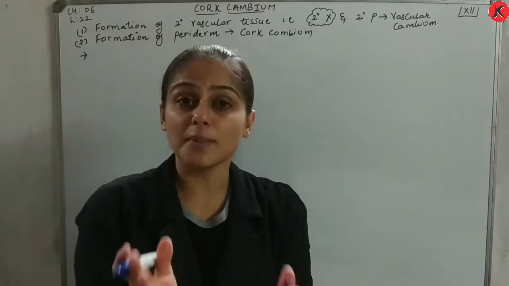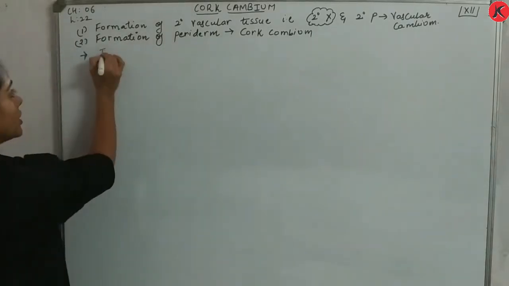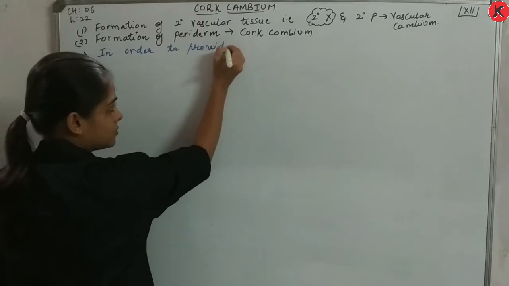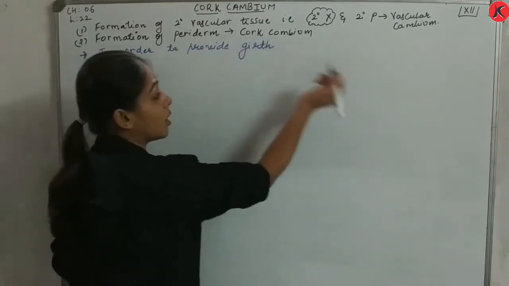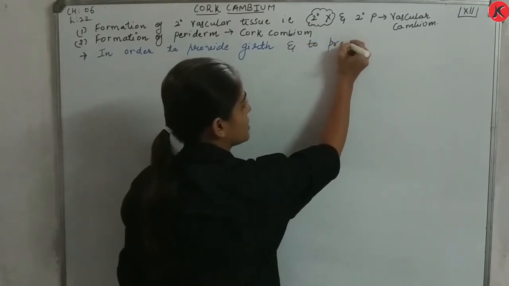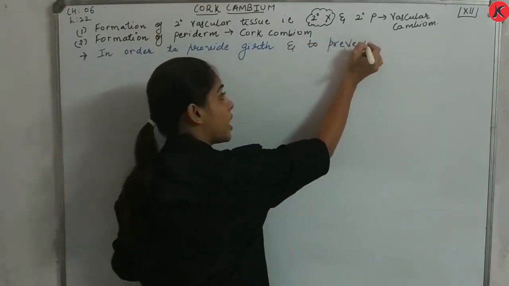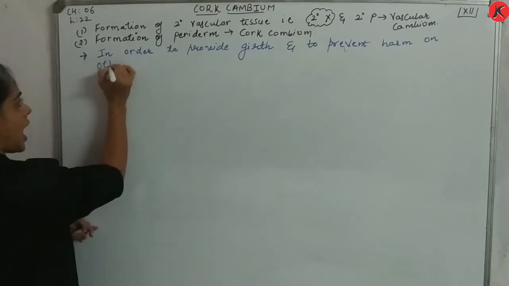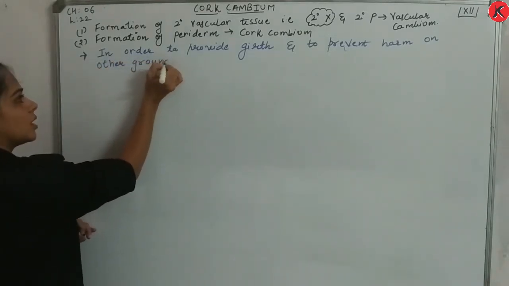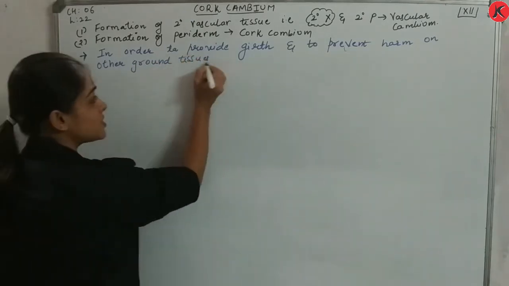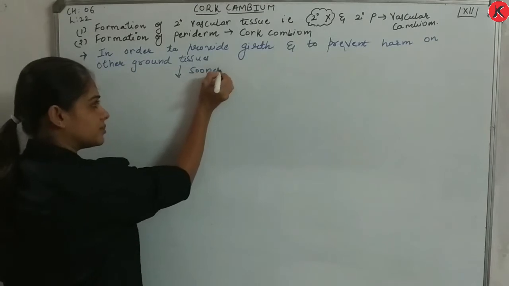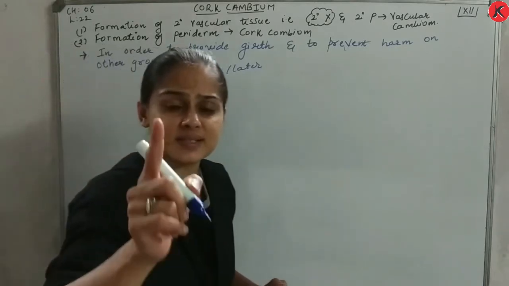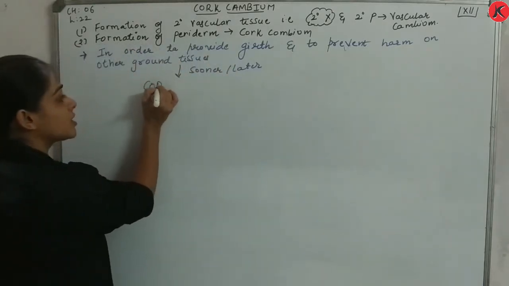If I am talking about secondary growth, in order to provide girth and to prevent harm on other ground tissues, sooner or later there will be the formation of another meristematic tissue, which you call cork cambium.